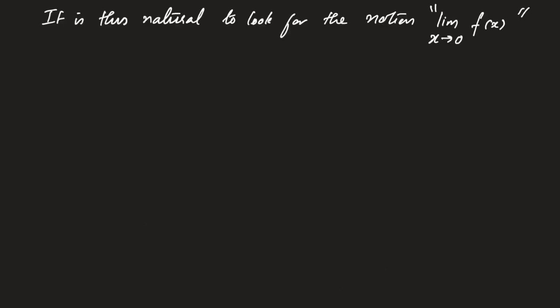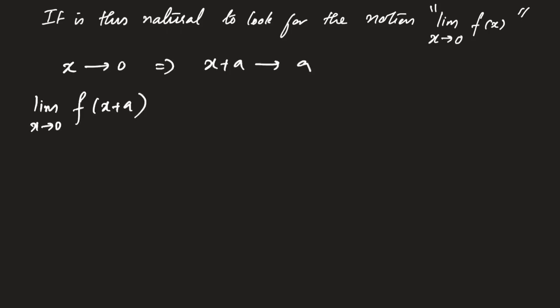But then 0 is not something really special, right? Because if x converges to 0, then x plus a converges to a. So if you look at the function f of x plus a and take the limit as x tends to 0, then we are looking at the behavior of f near a, right?